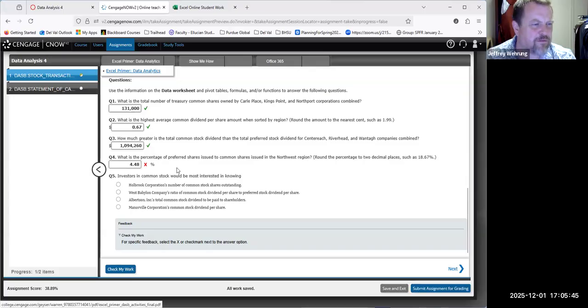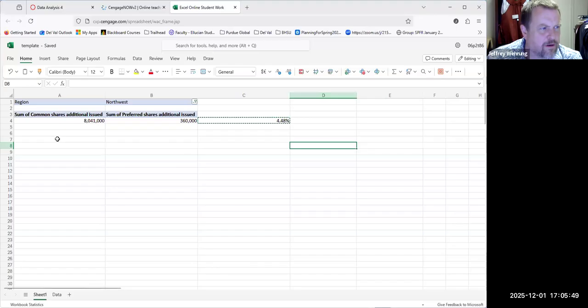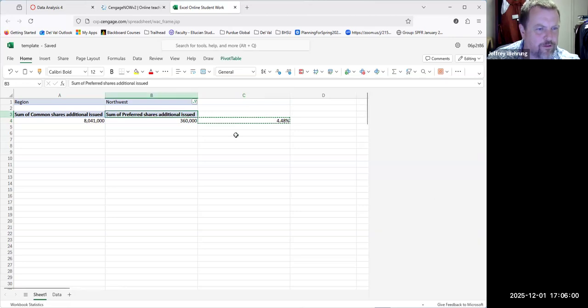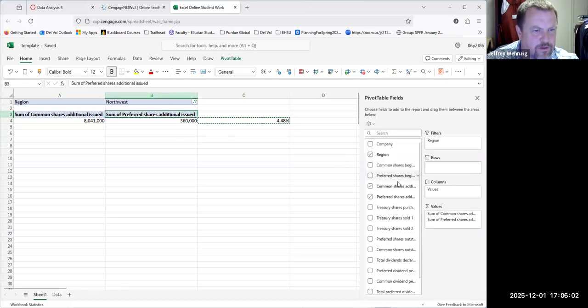What is the percentage of preferred shares issued to common shares issued? Preferred shares issued. Oh, I think it's not doing additional issued. It wants the total preferred shares issued. So let's see.